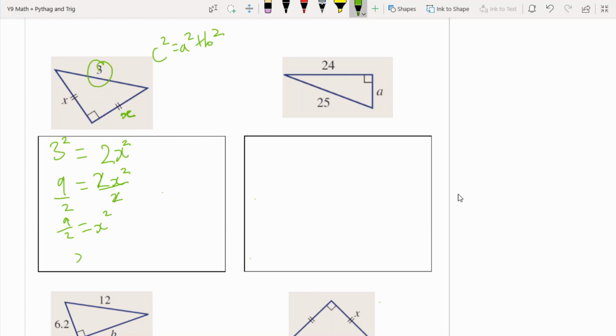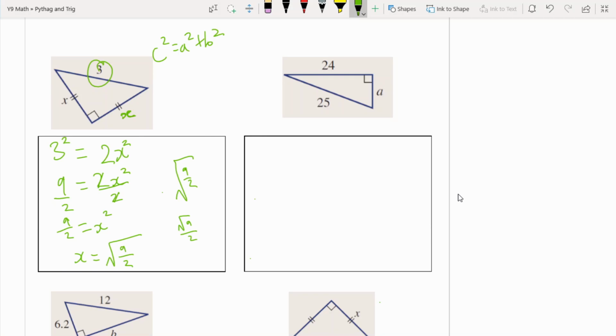Now to get x by itself, we'll need to square root 9 over 2, and that will be your answer in exact value. If you want the full answer, you can put that into the calculator, but for this question we'll just stop at the exact answer. And when you do write the square root, make sure it is above the whole number, not just over the 9, but over the whole number, like so.